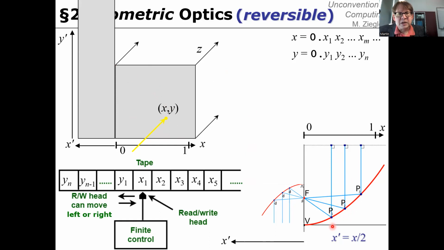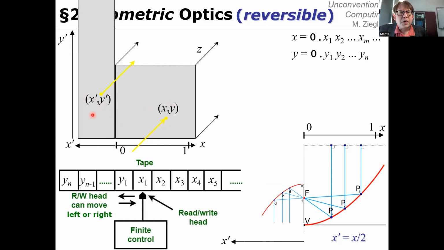It comes in this direction, and it leaves in that direction, but with the x coordinate maybe divided by 2. And if we have a similar parabolic mirror for the y direction in reverse direction, then the y coordinate gets multiplied by 2. So in combination, the x coordinate becomes divided by 2, so this is half the length of this, and the y coordinate gets multiplied by 2, so this is twice this length of the incoming ray.